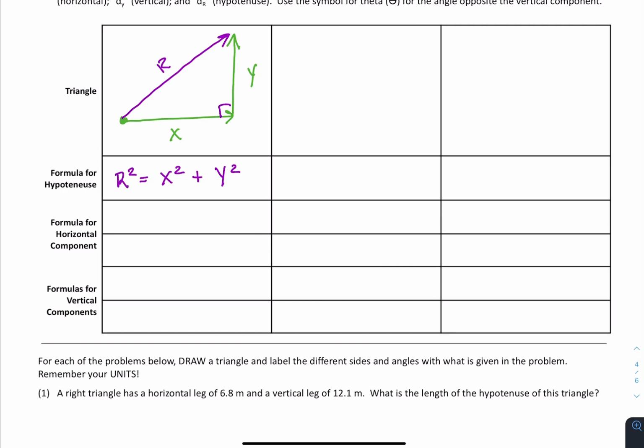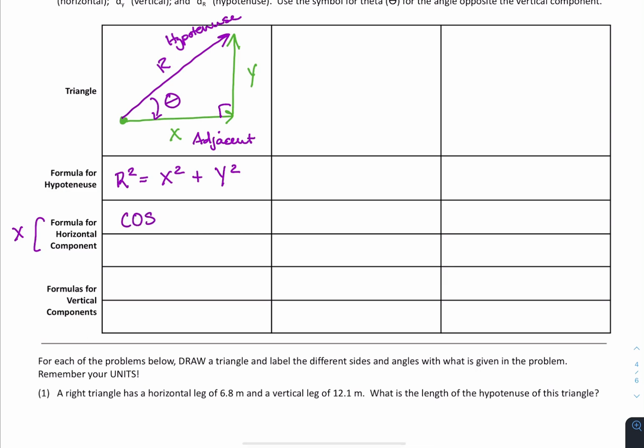If instead we knew the value of the hypotenuse and we knew this angle, which we call theta, then we can use our trigonometry formulas to figure out what x and y are. If we're looking at a horizontal component, this is going to be x, then I know that the adjacent over the hypotenuse is equal to the cosine of that angle.